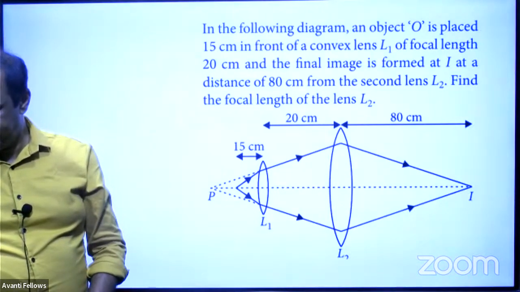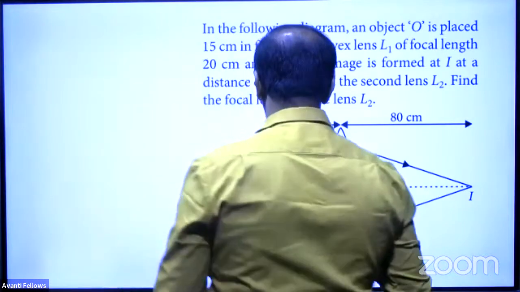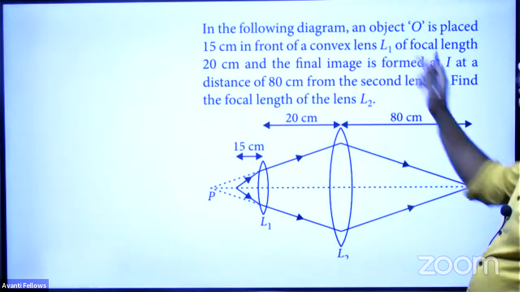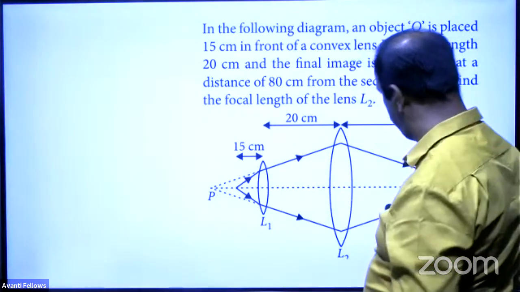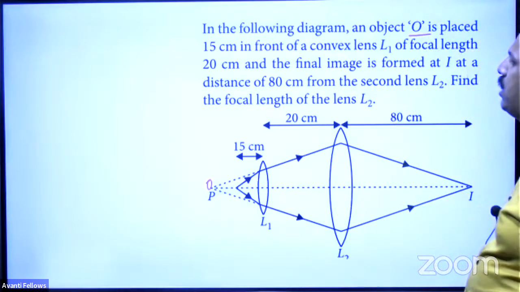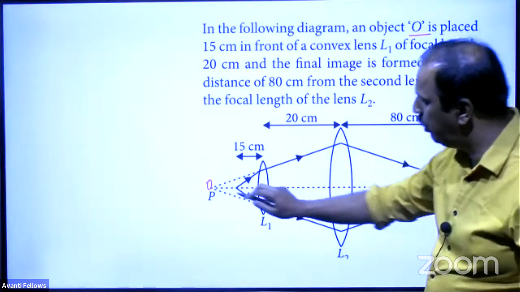Now the next one. Okay, with this one we'll stop, because this is an interesting question. In the following diagram, an object O, where is object O? Here P is written. Actually, here it should be the object. Object O is placed 15 centimeter in front of a convex lens L1, not here.